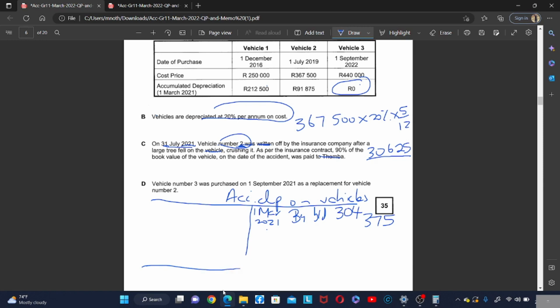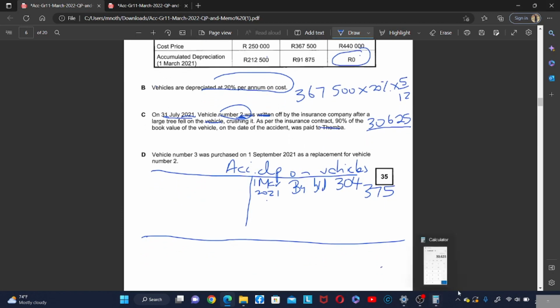So depreciation. We know that the depreciation increases on the debit side.